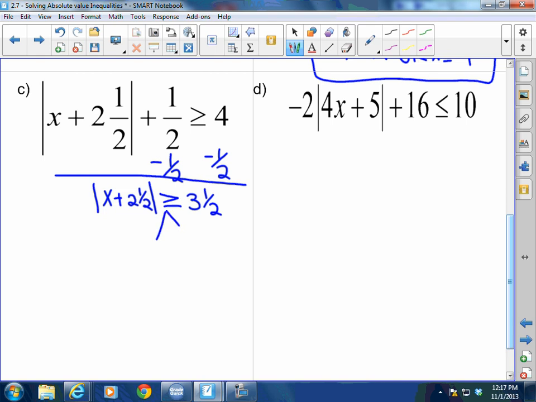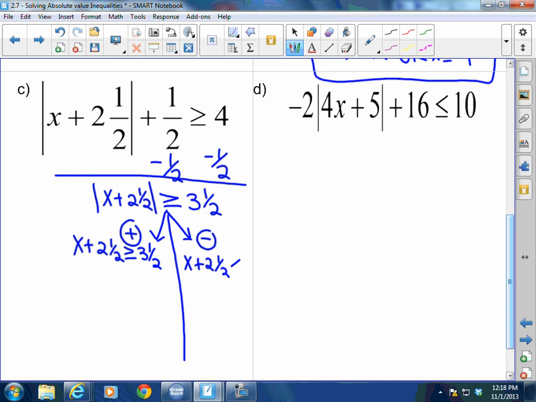Now I'm going to split it up into my positive and negative sides. So I have my mirror image, x plus 2 1/2 is greater than or equal to 3 1/2. And I have my negative side, which is x plus 2 1/2 is less than or equal to negative 3 1/2. Remember, I have to multiply the non-absolute value side by a negative, which flips the inequality.